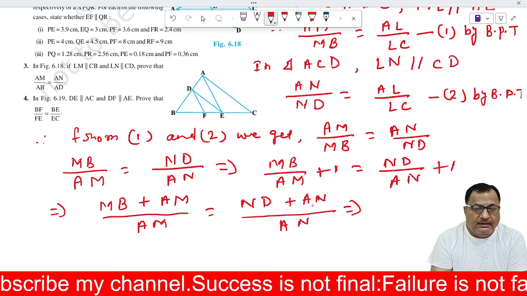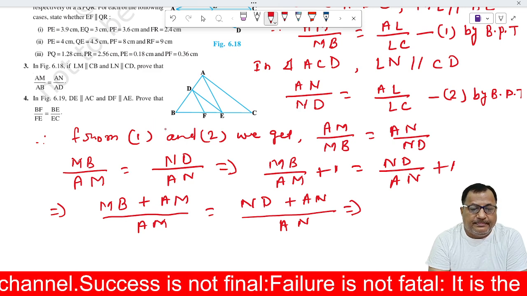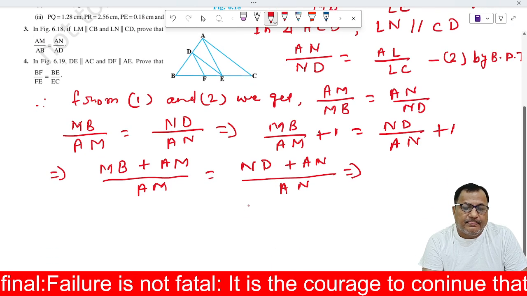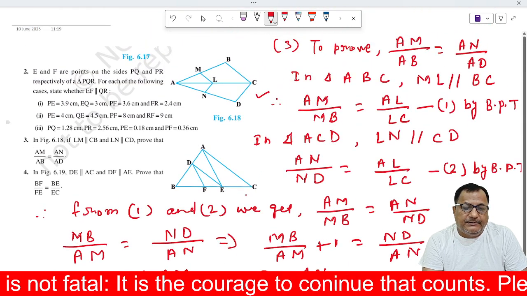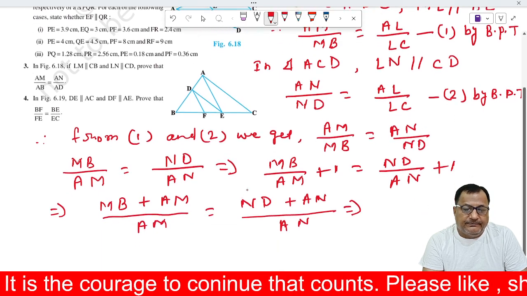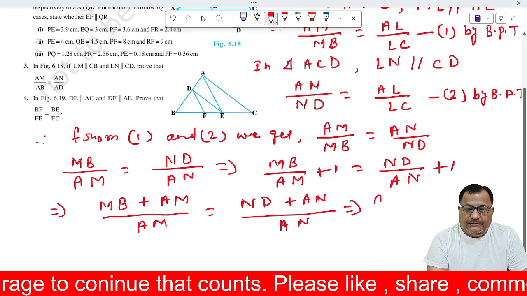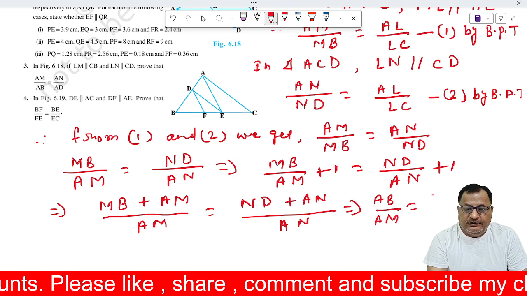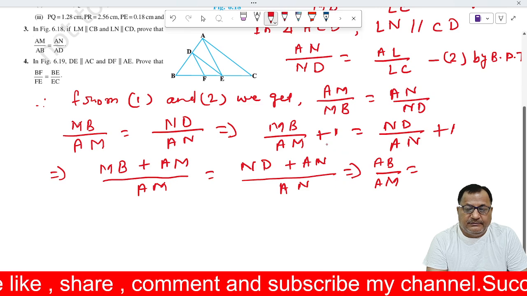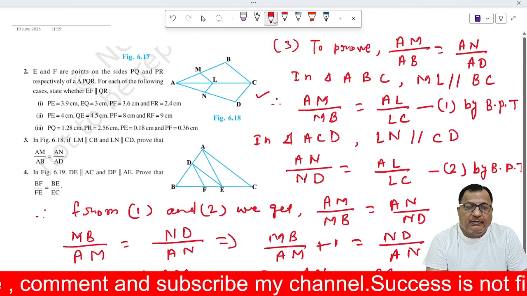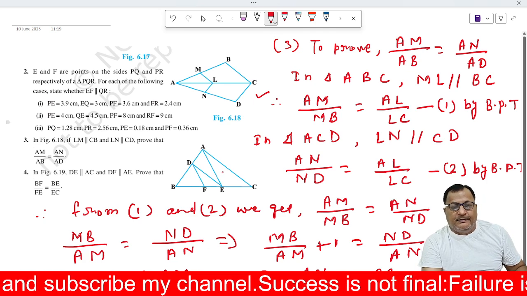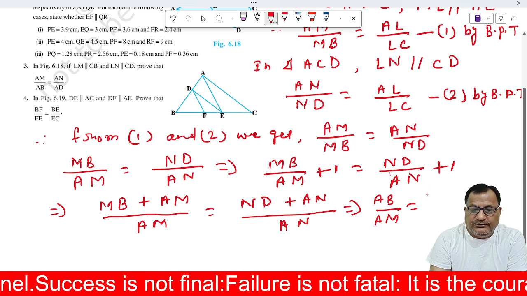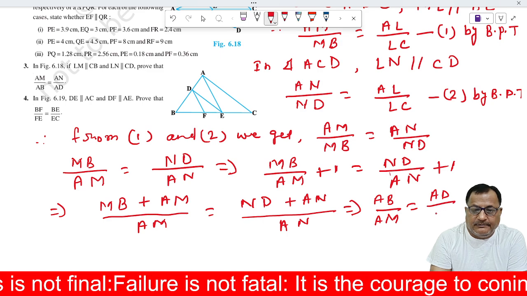Now MB plus AM would be AB. This will be AB by AM is equal to AD by AN.